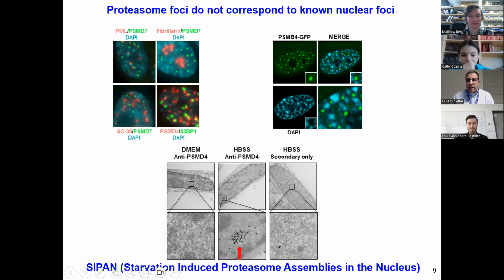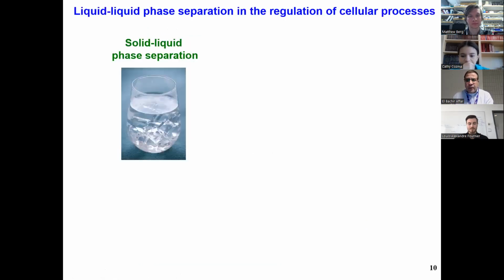And it seems that they are more or less the same foci, but I think more effort has to be put into understanding the exact composition of these foci and what is the difference between foci that happen upon nutrient stress and foci that happen after osmotic stress.